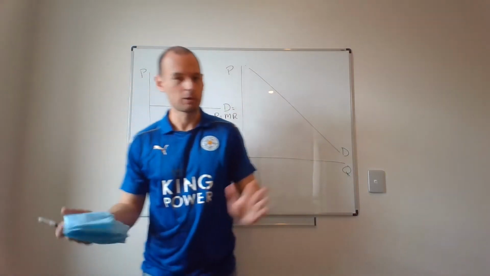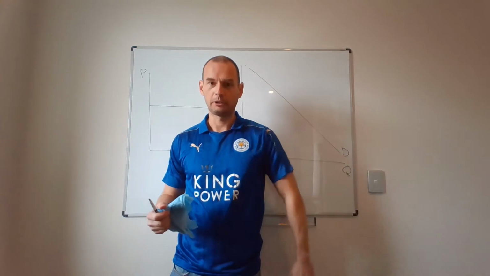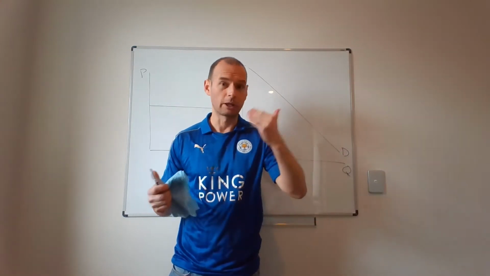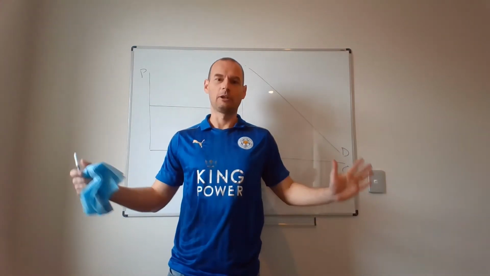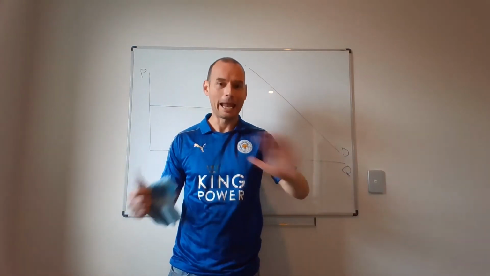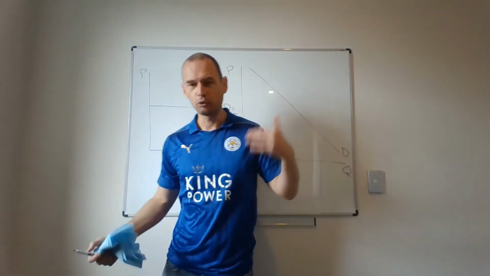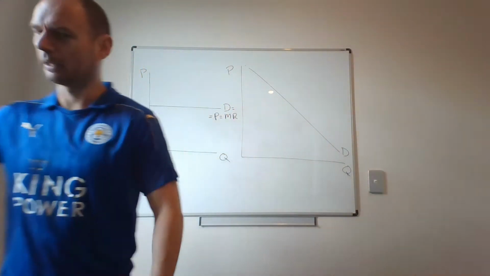Think foreign currencies, same deal. There is a current exchange rate. You can sell or buy whatever volume of currency you want without having any impact on the exchange rate. I mean, obviously, the Reserve Bank of New Zealand would have an impact, but small players will not.